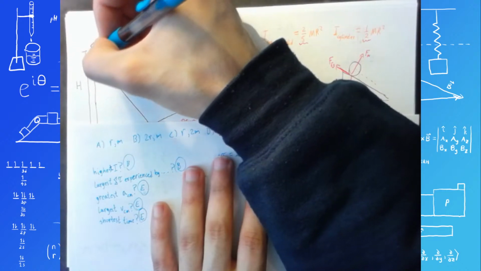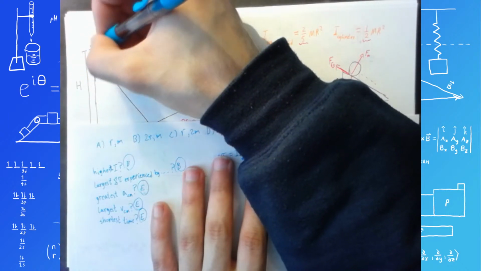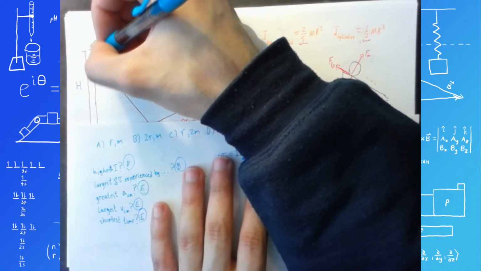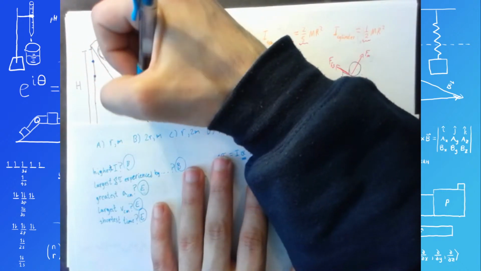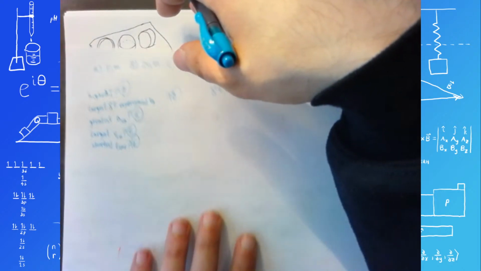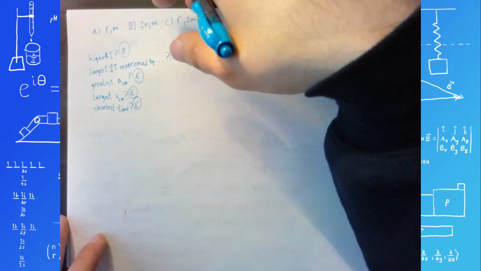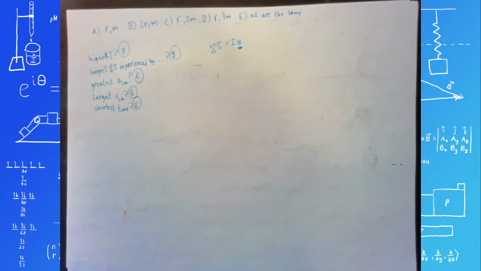Whatever their velocity is here, when they get to this height, they have the same velocity. So at every single point along the way down, they should have the same speed. So they're just moving together. They're moving at the same speed in the same amount of time with the same acceleration. So again, it is choice E.